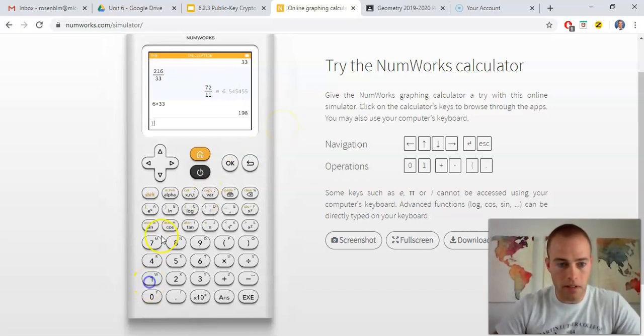The next number was 1728. We divide that by 33, and 33 goes into it 52 times. So we take 52 times 33, which leaves a remainder of 12 between 1716 and 1728. So 12 is our remainder there.